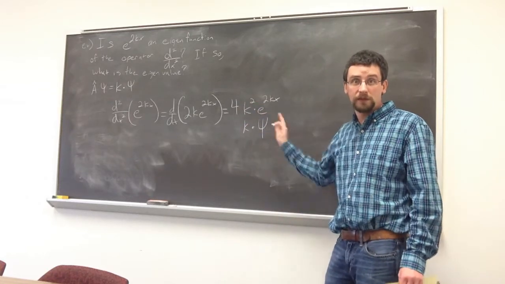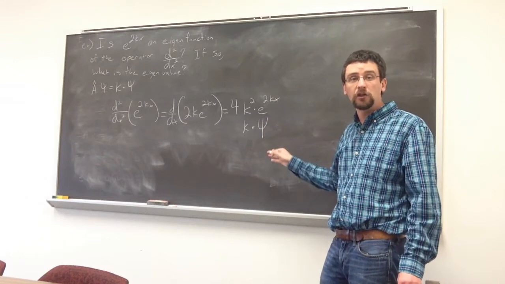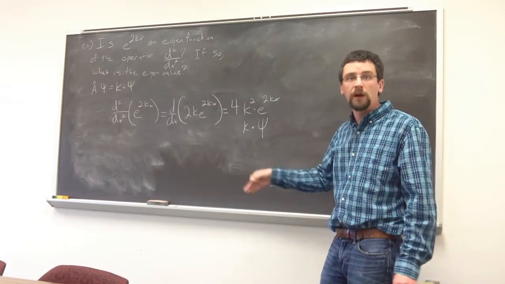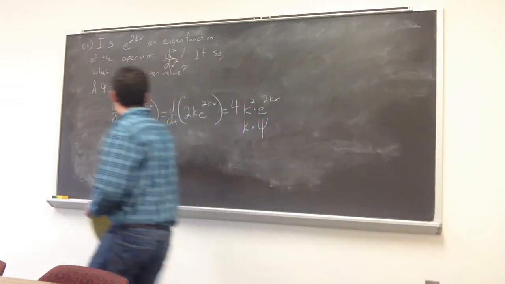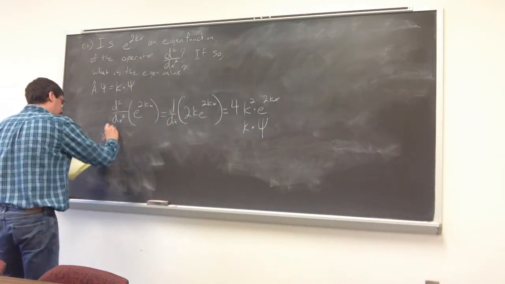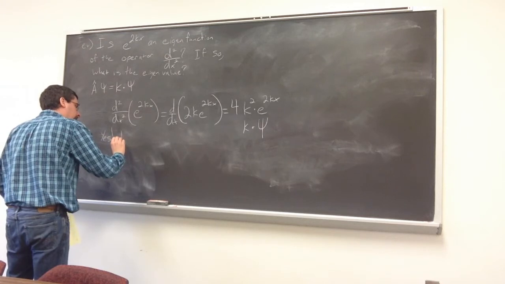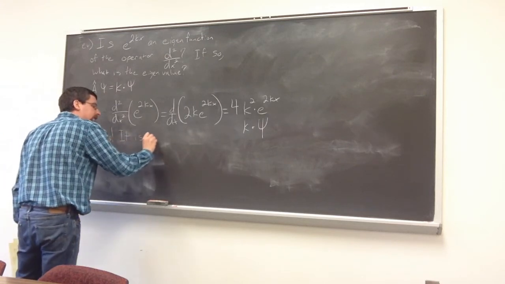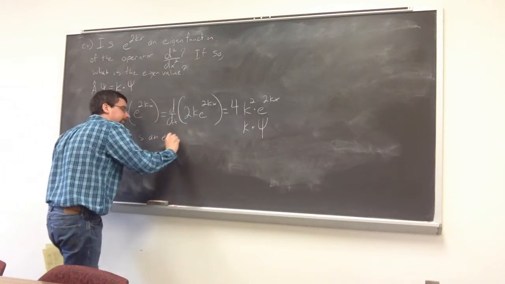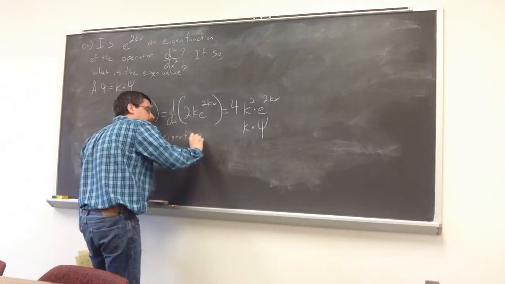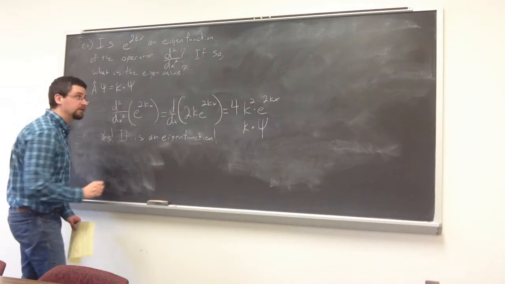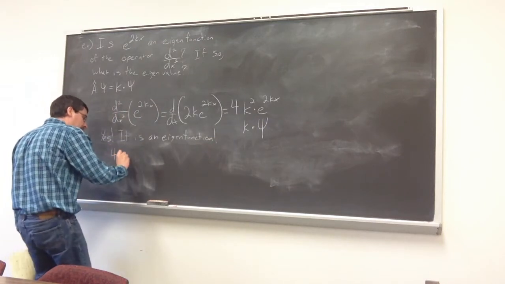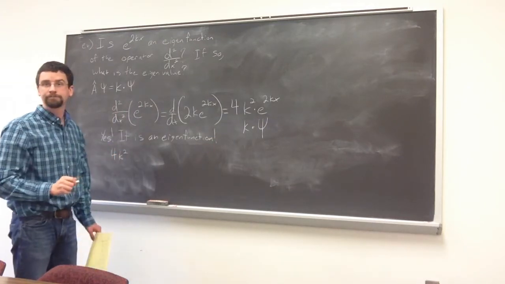So this is in fact an eigenfunction of the operator d squared dx squared, the second derivative with respect to x. So yes, it is an eigenfunction, and the eigenvalue is 4k squared.